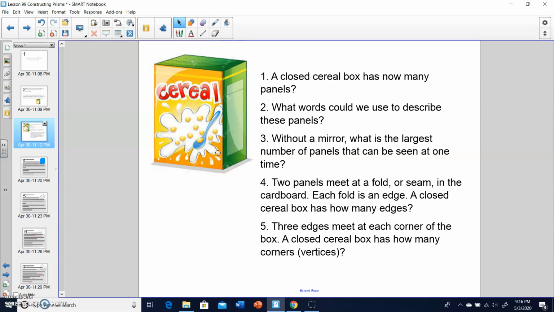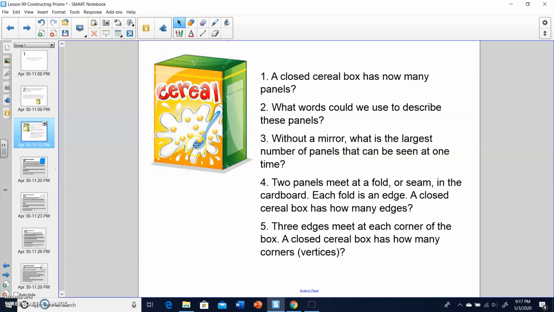Two panels meet at a fold or seam in the cardboard. Each fold is an edge. A closed cereal box has how many edges? So we have 1, 2, 3, 4, 5, 6, 7, 8, 9, 10, and 11, and then one more back here, 12.